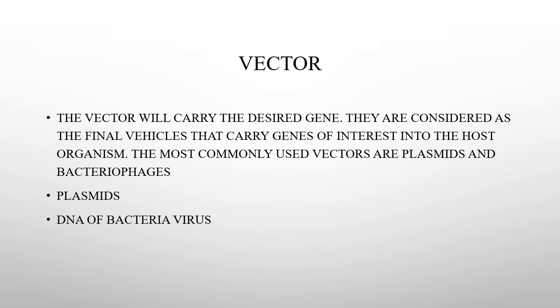The other vector can be the DNA of bacterial viruses. For example, lambda phage attaches to a host bacterium. The recombinant DNA is released from the virus and enters the bacterium.